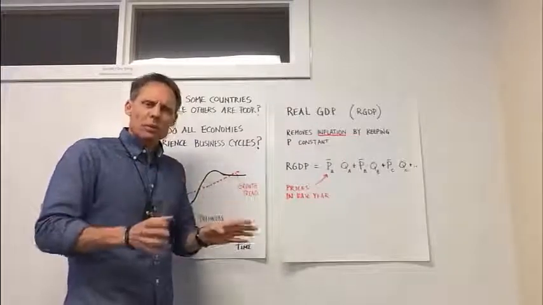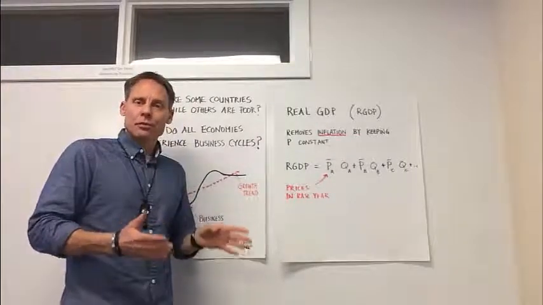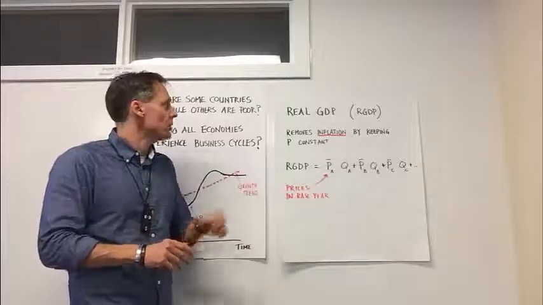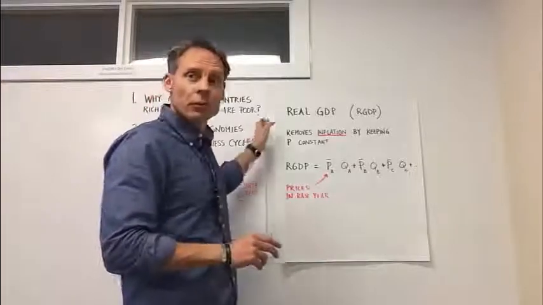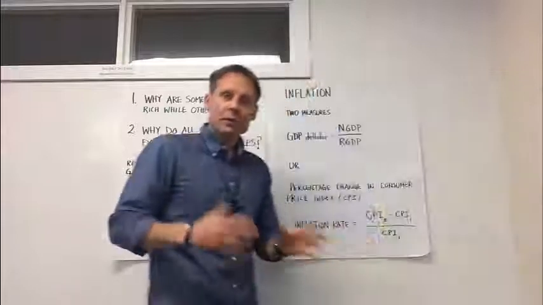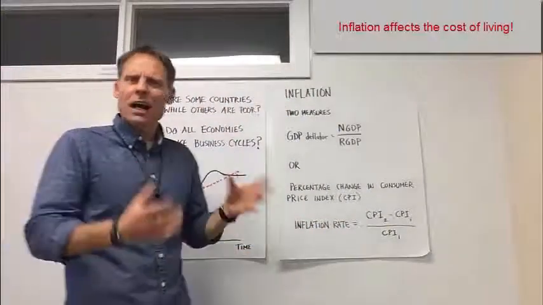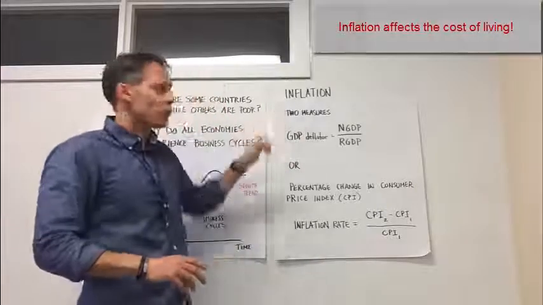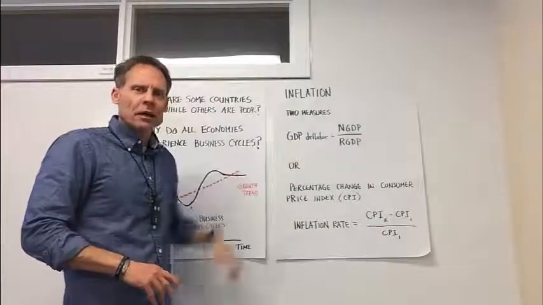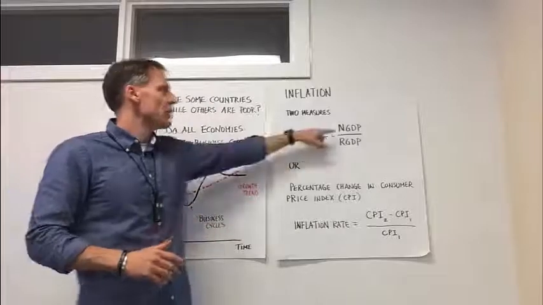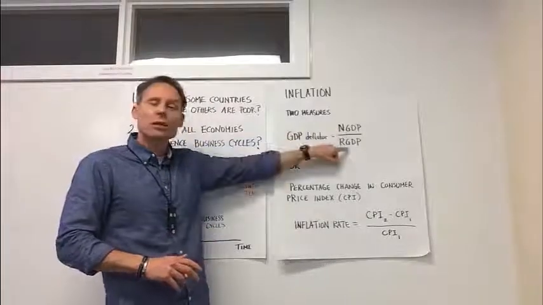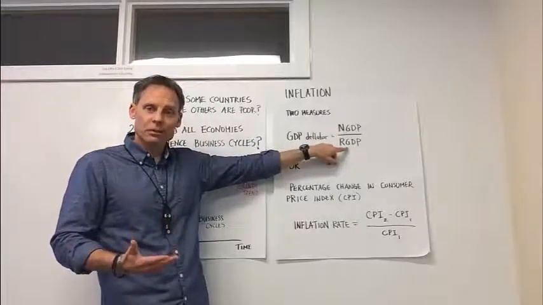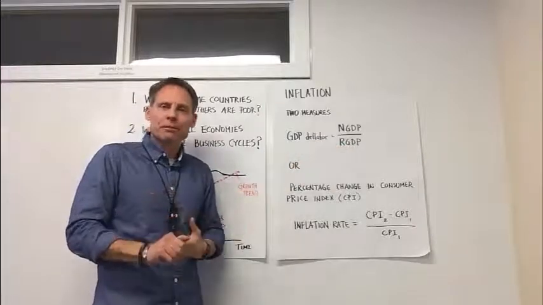If you want to talk a little bit about inflation, we have another measure to do so. Actually, we have two measures to achieve that. Let's look at them real quick. All right, so if you want to check out inflation, because this is to see how much we have subtracted out when we calculate real GDP, there's two measures. One is the GDP Deflator. The GDP Deflator is just the ratio of the nominal GDP by the real GDP for a particular year.